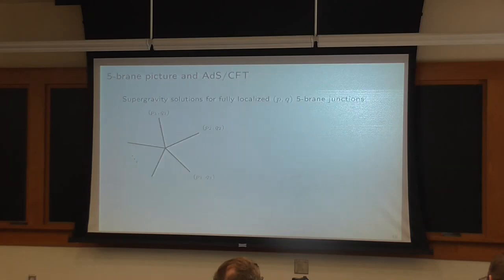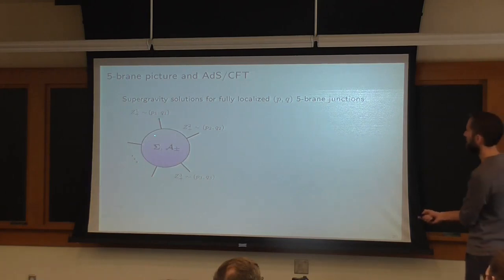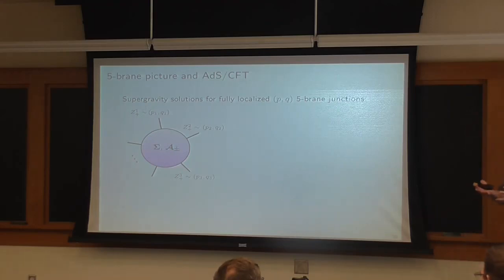So in more cartoon pictures, you get to pick your favorite 5-brane junction, characterized only by the charges. And as you zoom in onto the intersection point, you find sitting there a Riemann surface with a pair of holomorphic functions whose differentials have poles, and the residues correspond to the 5-brane charges. You get a complicated solution which describes the near horizon limit precisely for this brane junction.